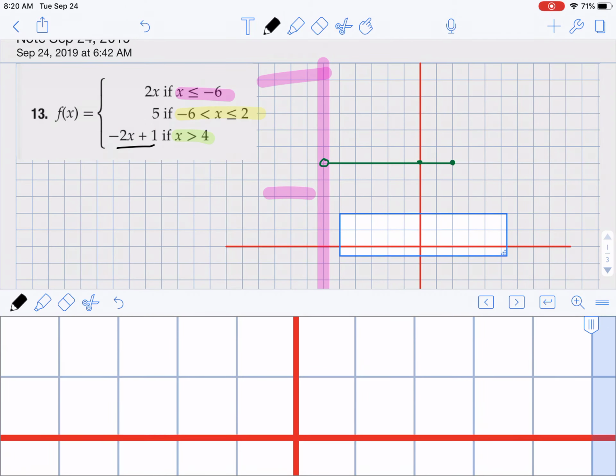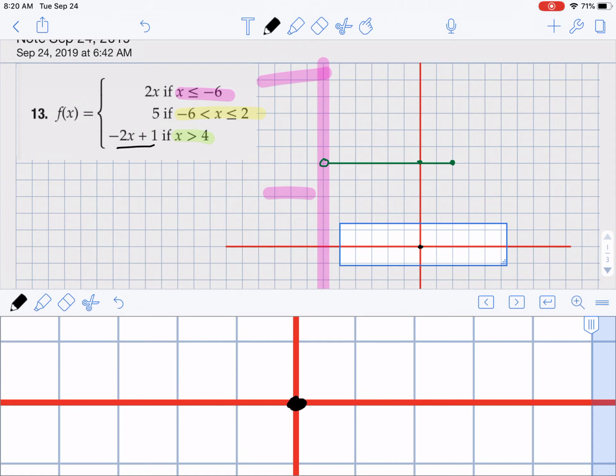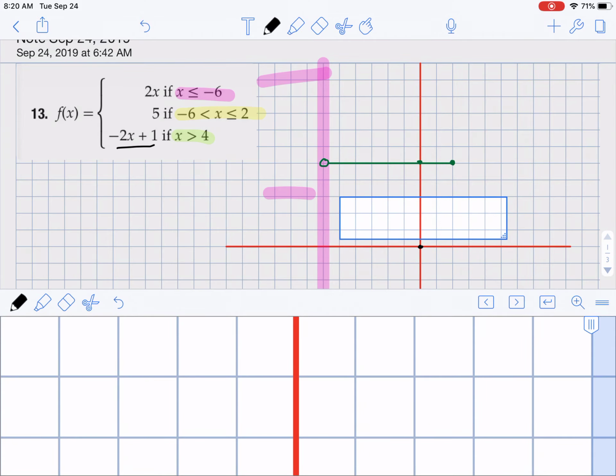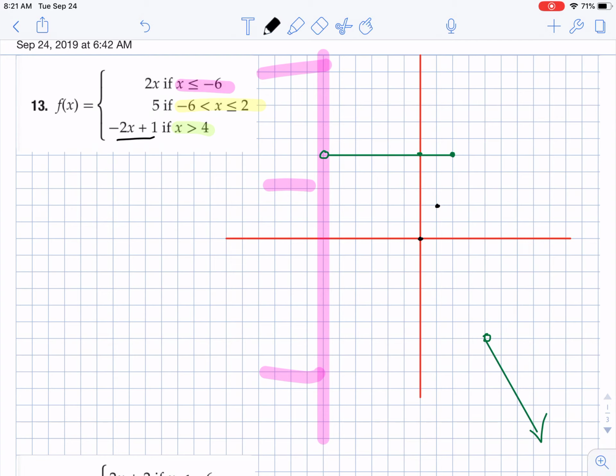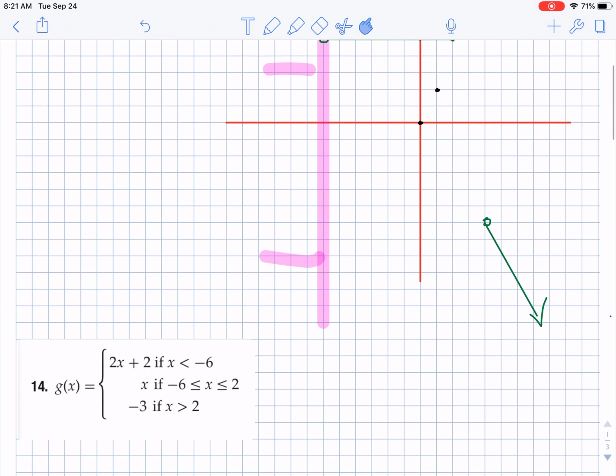So I'm going to have a point here, and if I go up 2 over 1, I get a point right there. The problem is, since the graph is supposed to be over here, I'm going to have to extend that line all the way down. All right, so that's what I'm going to attempt to do next.